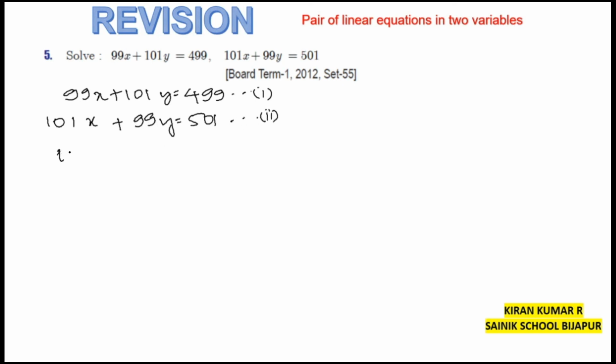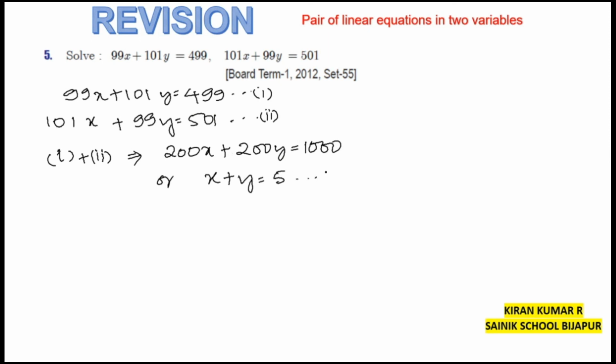By adding equation 1 plus equation 2, we will be getting 200x plus 200y equal to 1000. We can take 200 as common. We will be getting x plus y as 5. Let me call this as equation 3.